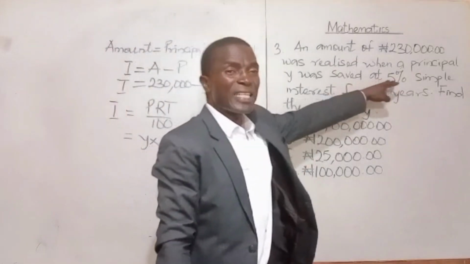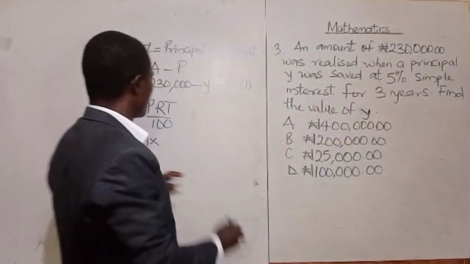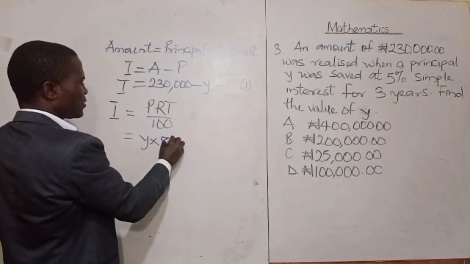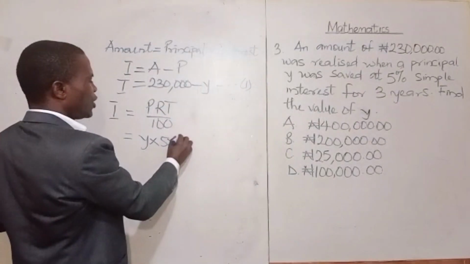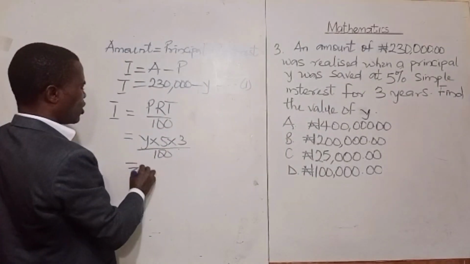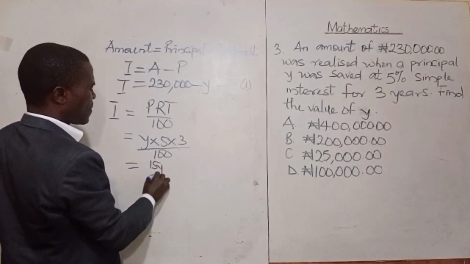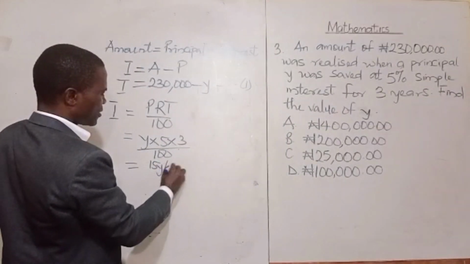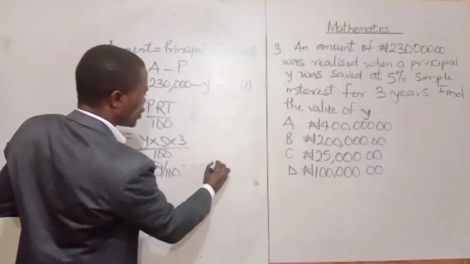So in this case, the percentage increase is 5. R is 5. And for how long? 3 years, divided by 100. So this one now becomes 15Y all over 100. So this is equation 2.